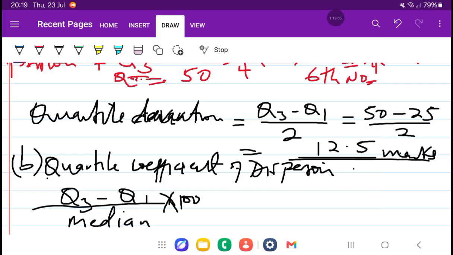In other words, you can say it is Q3 minus Q1 over Q2, because the Q2 is the median.